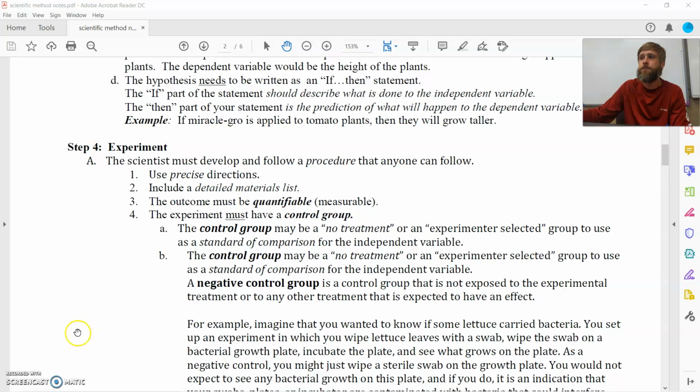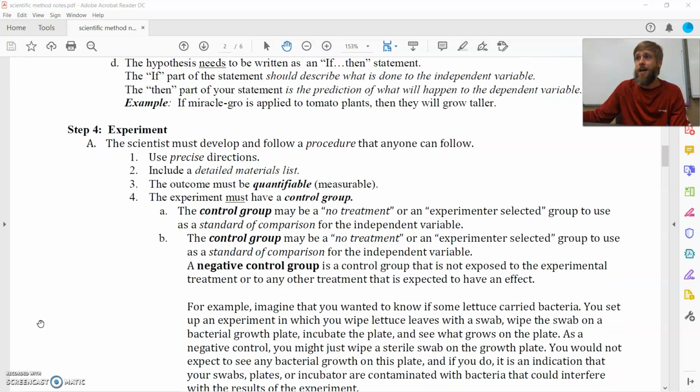Pause the video. So a good control group would be tomato plants not exposed to the Miracle-Gro. So by not exposing some plants to the Miracle-Gro, you see what the plants do without the Miracle-Gro. Because using the Miracle-Gro is the thing that you are testing.